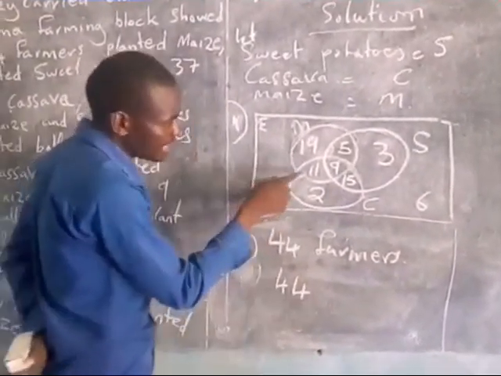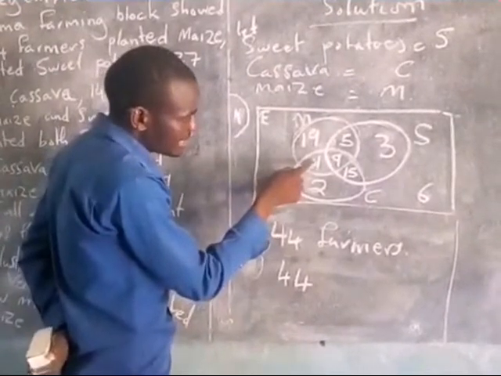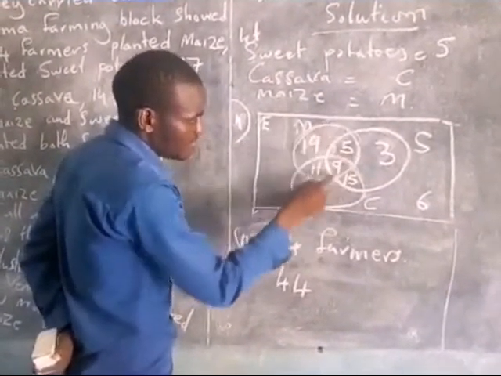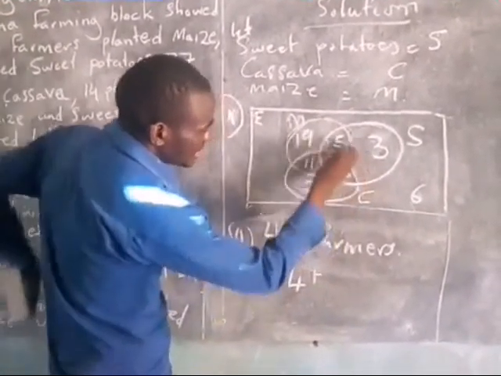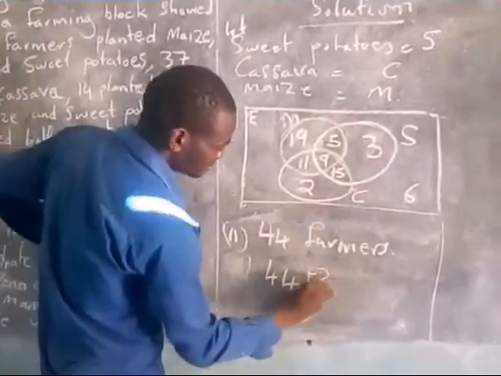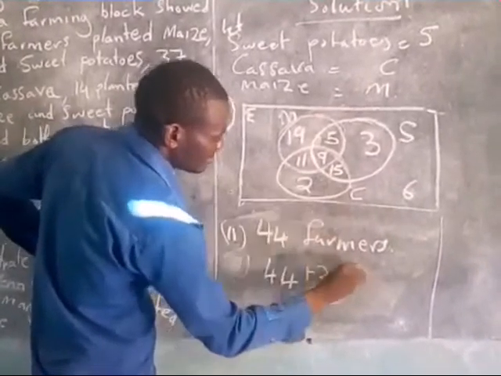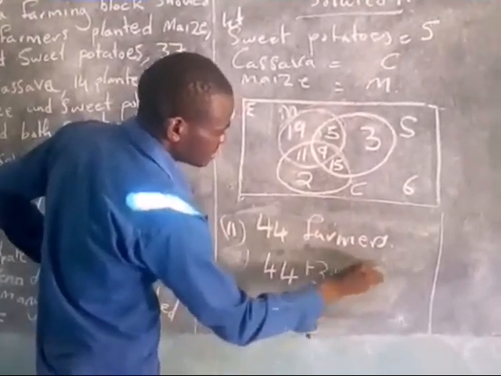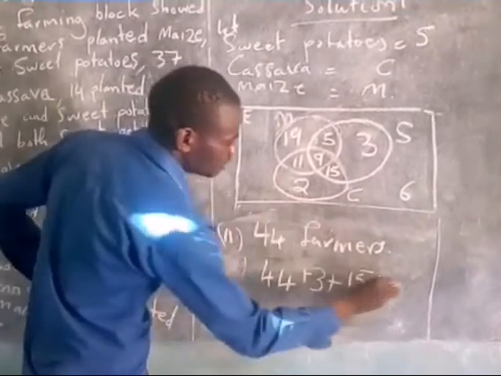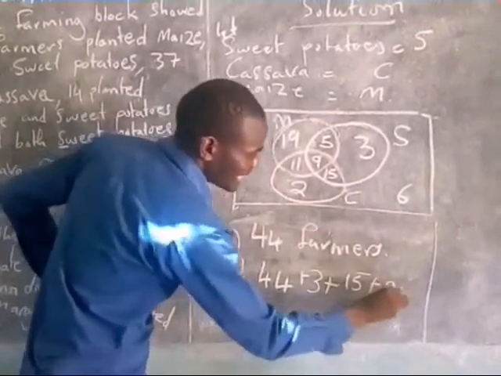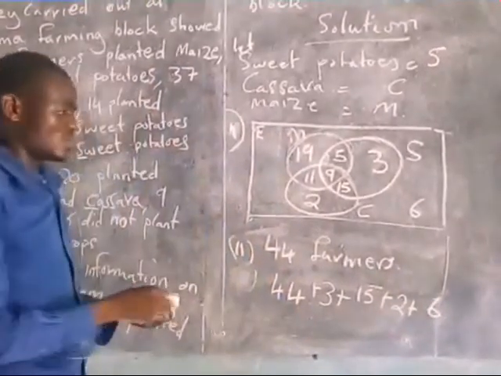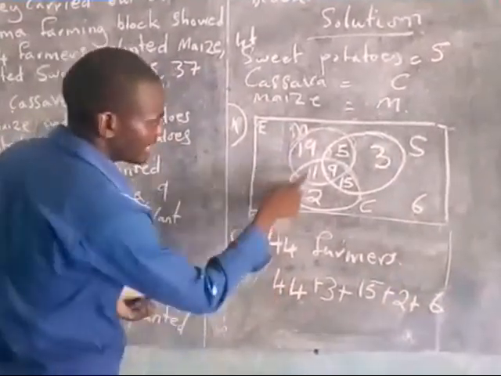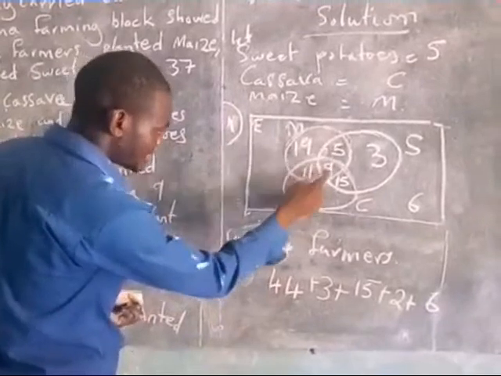This 44 is for the set of maize. So 44 plus 3 plus 15 plus 2 plus 6. 44 is the answer we get after adding this.